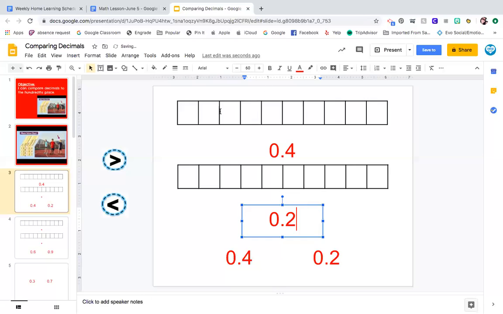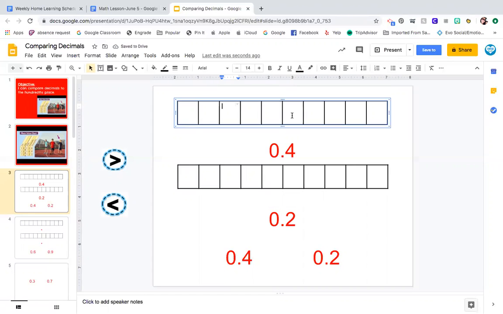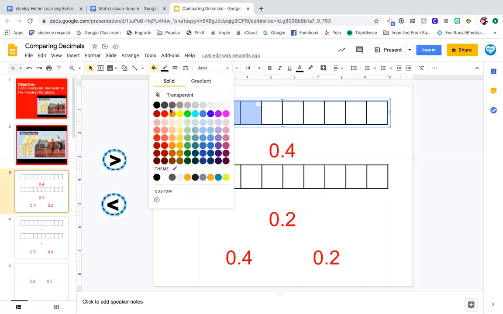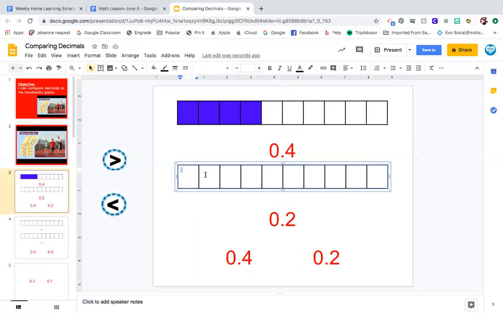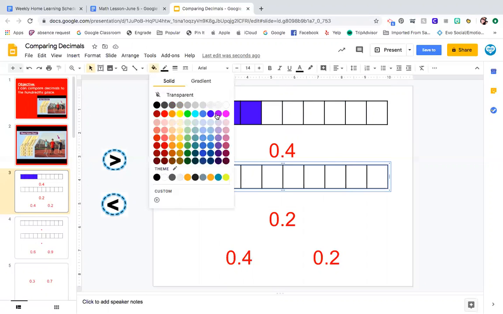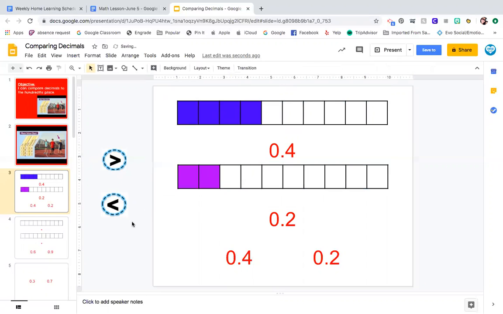So here you see I have a bar model. It's split up into 10 equal parts, and I'm going to shade in 0 and 4 tenths on this bar model. And then in this one, same thing, I have a bar model split into 10 equal parts. This time I'm going to shade in 0 and 2 tenths. So let's look at this.